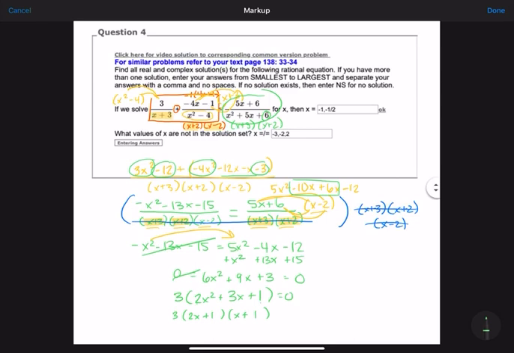So those factors should work out, equal 0, and then I can set each of these equal to 0 to solve. So I'm going to be left with, I'm going to subtract 1 divided by 2, so I'm going to get negative 1/2, and here I'm going to get x equals negative 1.